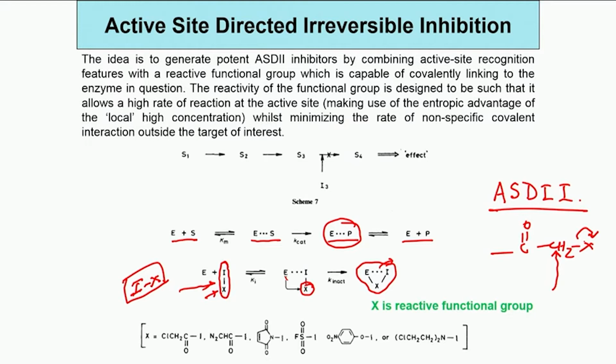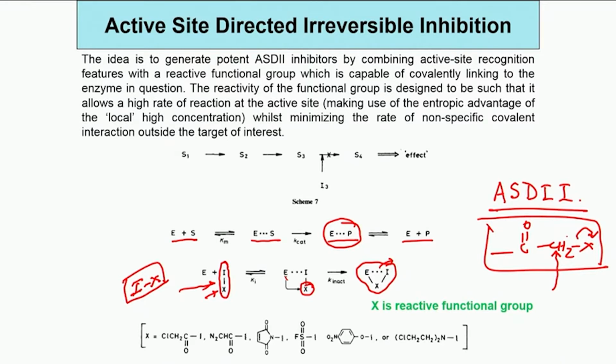So, based on this COCH2X part, you can have different X's. These are all different X's given here. So, you can have different reactive functionalities attached to this inhibitor, and the inhibition can take place. Okay.